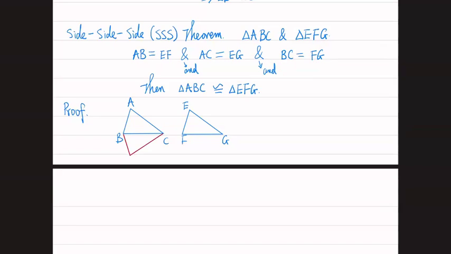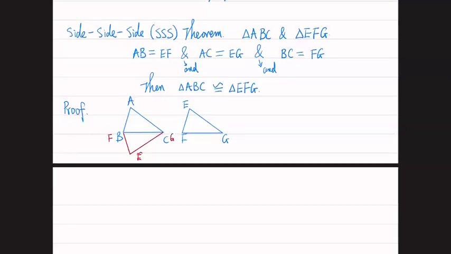This will be the copied E, I copied F, copied G. So I make a copy of this triangle. It's maybe a reflection, then a shift. In particular, these two triangles are congruent.